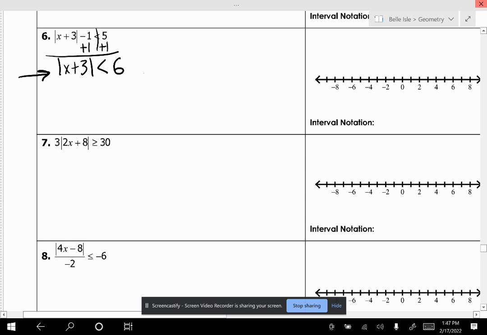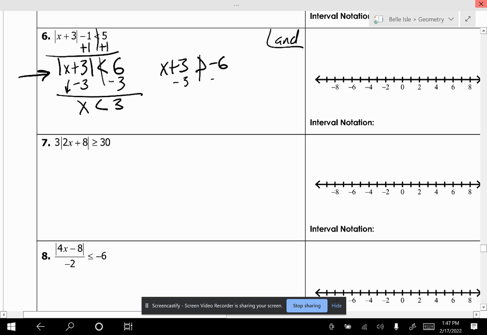So is this one an and or an or? And. So that means we've got x plus 3 is less than 6, and x plus 3 is greater than negative 6. We will take 3 away from both sides, which will give us x is less than 3 and x is greater than negative 9.